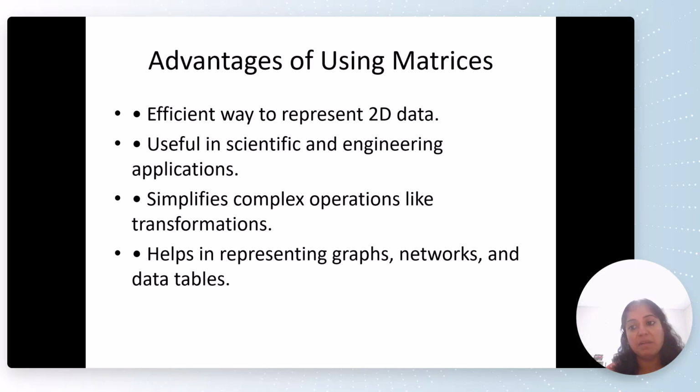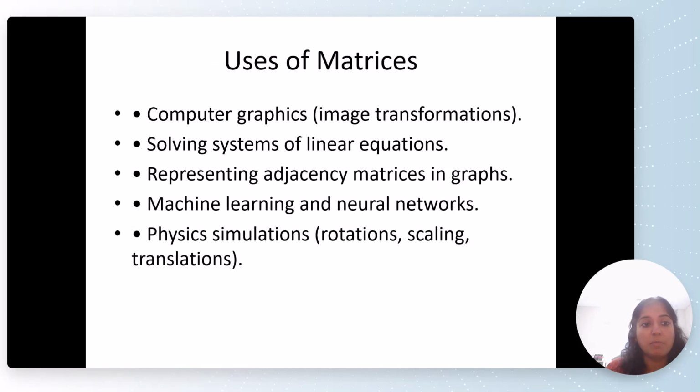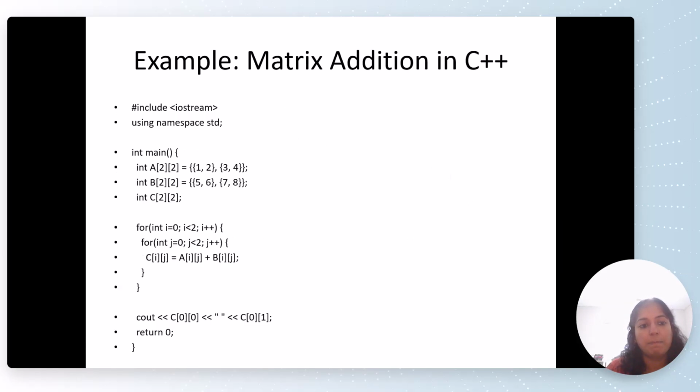For all scientific purposes, engineering applications, and again in graphs, we heavily use matrices, adjacency matrices. For image transformation, solving linear equations, data science, rotations, scaling, translations, everywhere we use matrices.